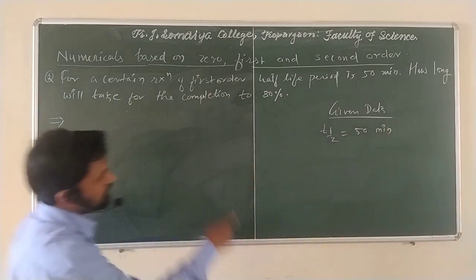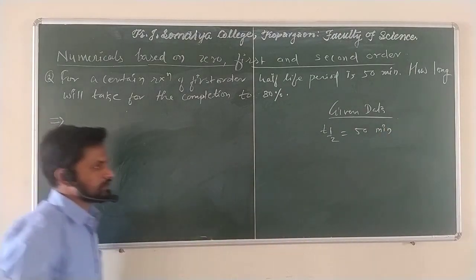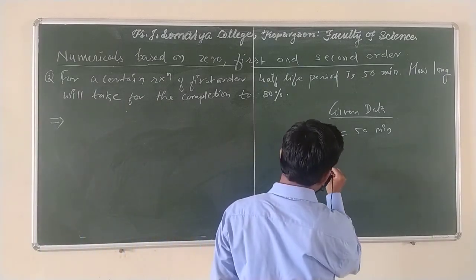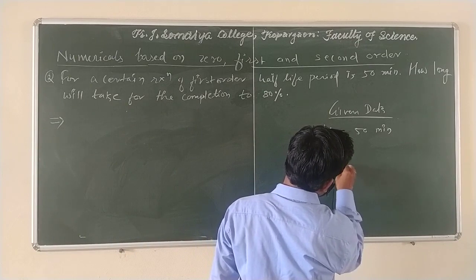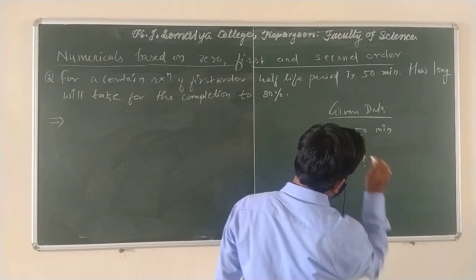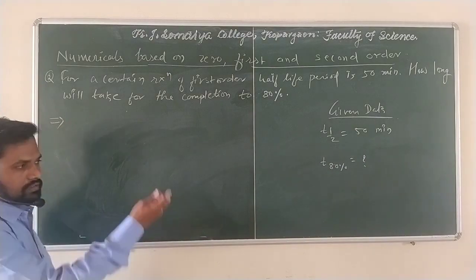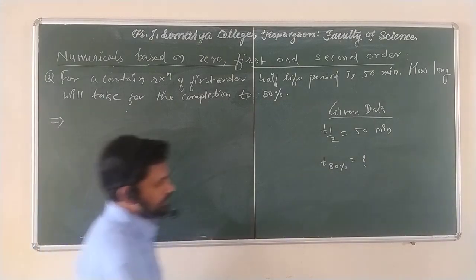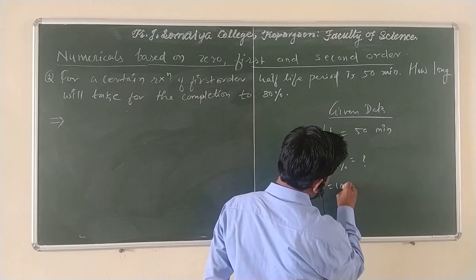And what you have to calculate is how long it will take for completion of 80%. Now see, the time for 80% you have to calculate. How can the time be calculated? Consider that A equals 100.